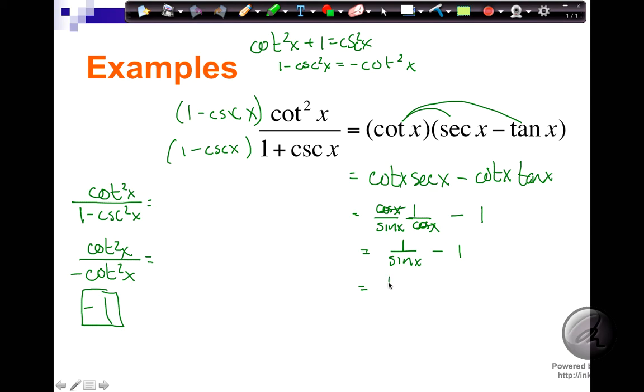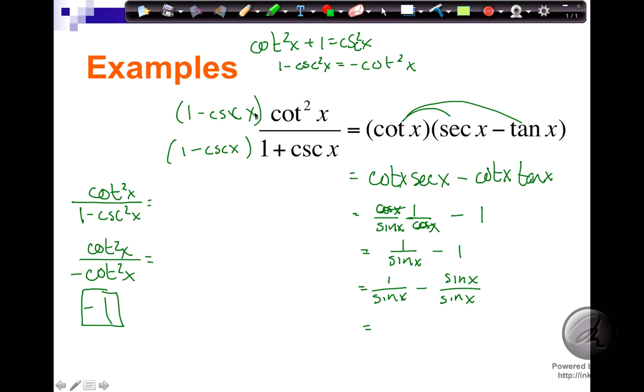So let's try something else here. So I get 1 over sine of x minus, I'm going to make common denominators here. Oh, I hope somebody else caught my error, because Mr. Nelson was not paying attention to what he was doing.